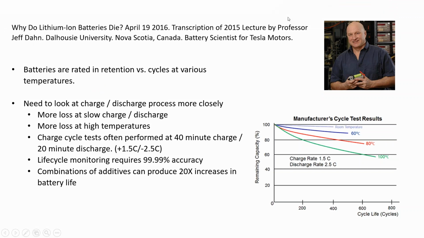Batteries are impacted by temperature. And one of Jeff Dahn's discoveries was that the longer the anode is exposed to the lithium ion reaction of being pressed out, it's more a function of time rather than how many lithium ions are coming out of the anode.